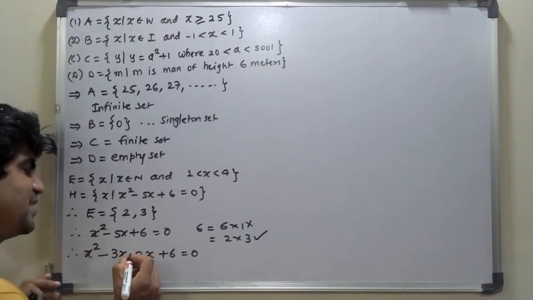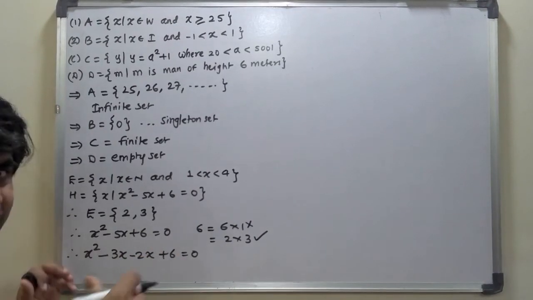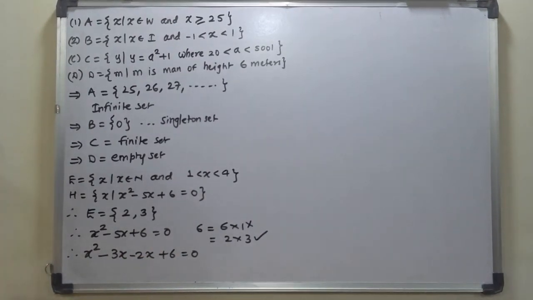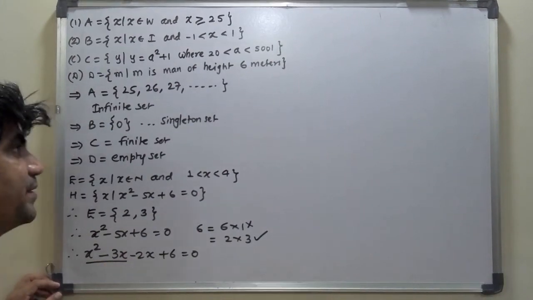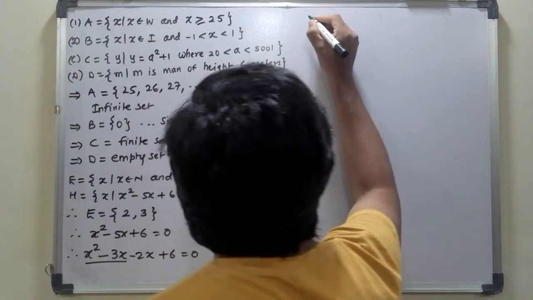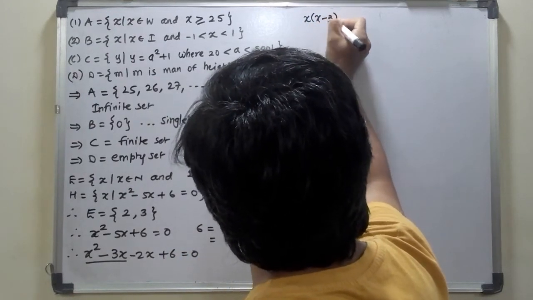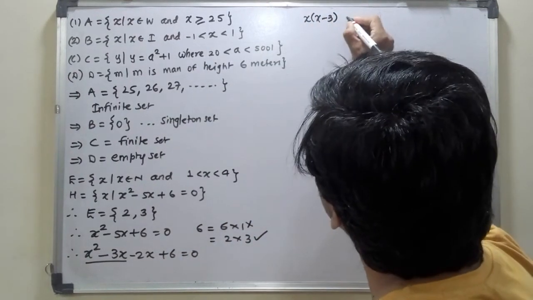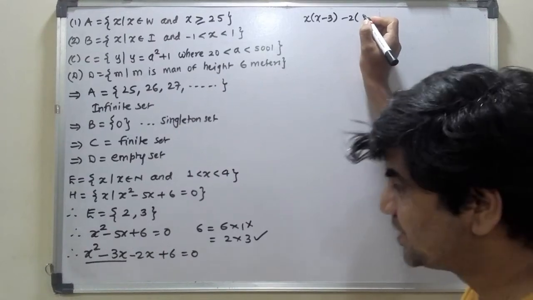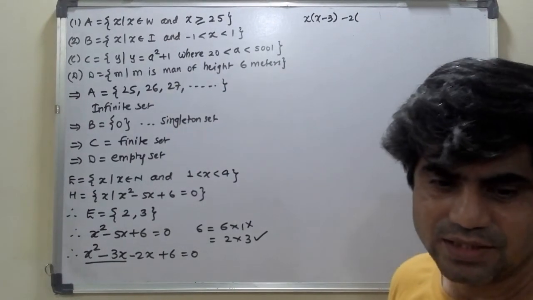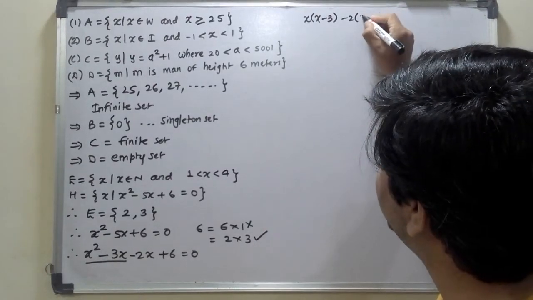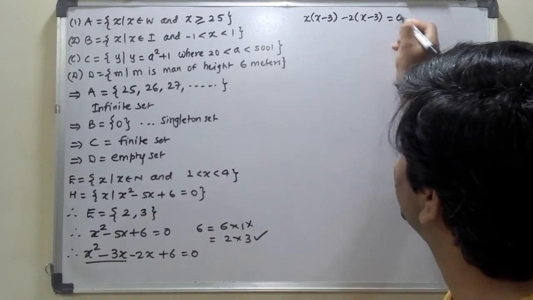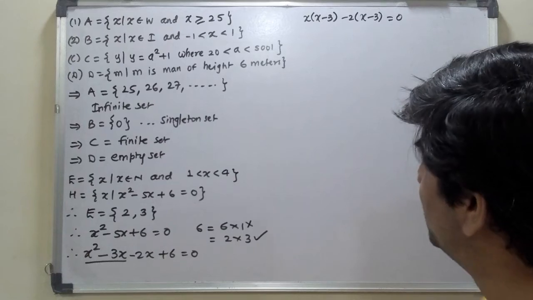That becomes minus here. This all we will discuss later on in detail according to the chapters. Now take the common which you have studied already. So x into x minus 3. From here minus 2 common. Since minus came outside, obviously the sign will change. So it becomes x minus 3 is equal to 0.